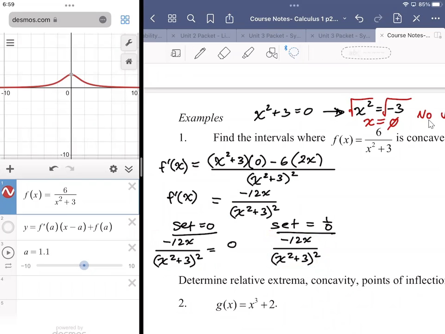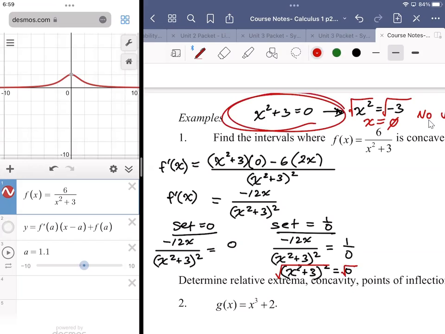I'm going to set this equal to 1 over 0. When you cross multiply, you get x squared plus 3 squared is equal to 0. Take the root of both sides. And you get right back to this computation here, which didn't have a solution anyway.